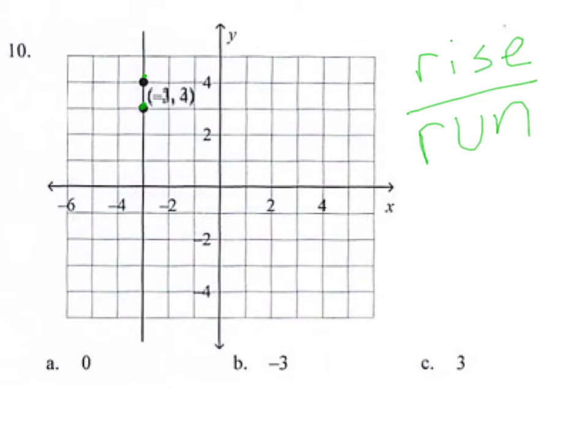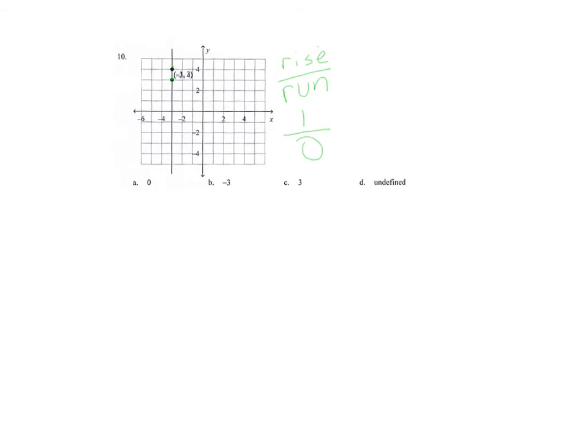What's my rise? 1. What's my run? 0. Remember, you can't have 0 on the bottom. Not allowed. So that's undefined.